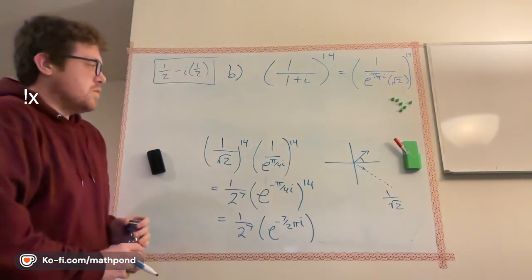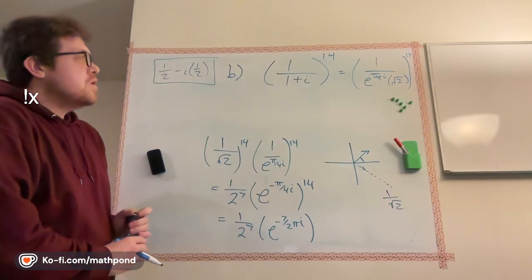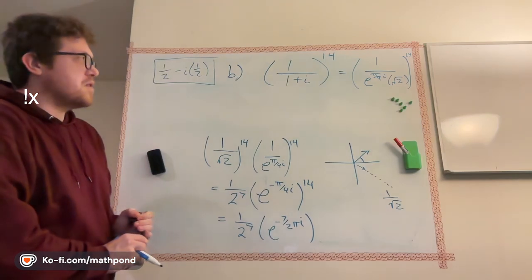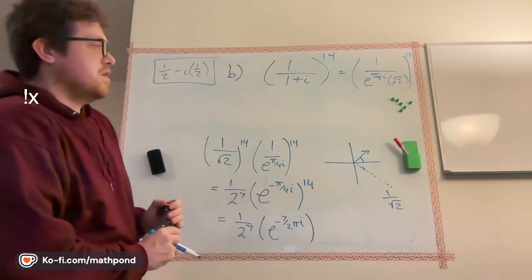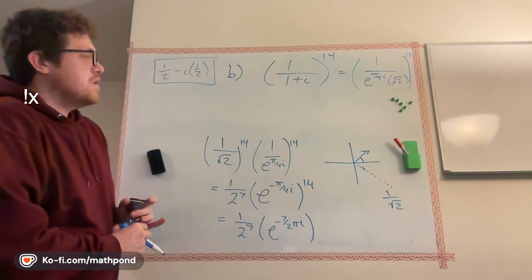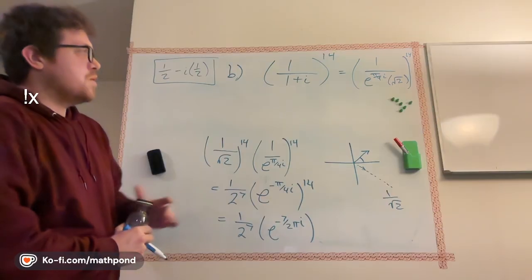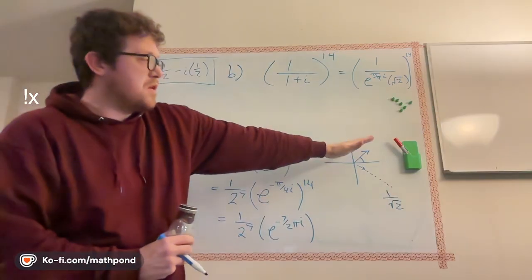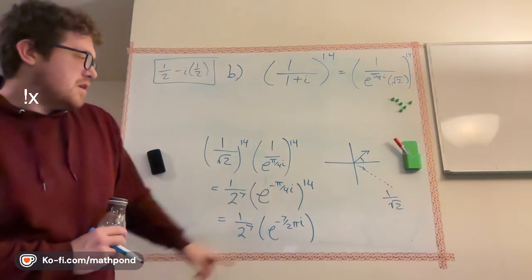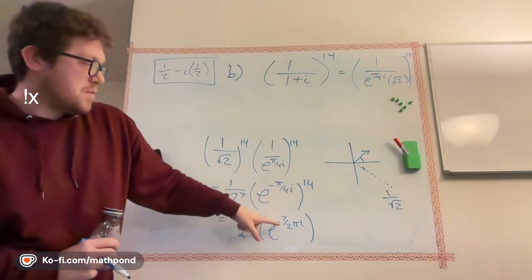So, I guess, what am I doing here that's tricky? So we take 1 plus i, 45 degrees. That's where I get the pi over 4 here. To the 14th power, just multiply.